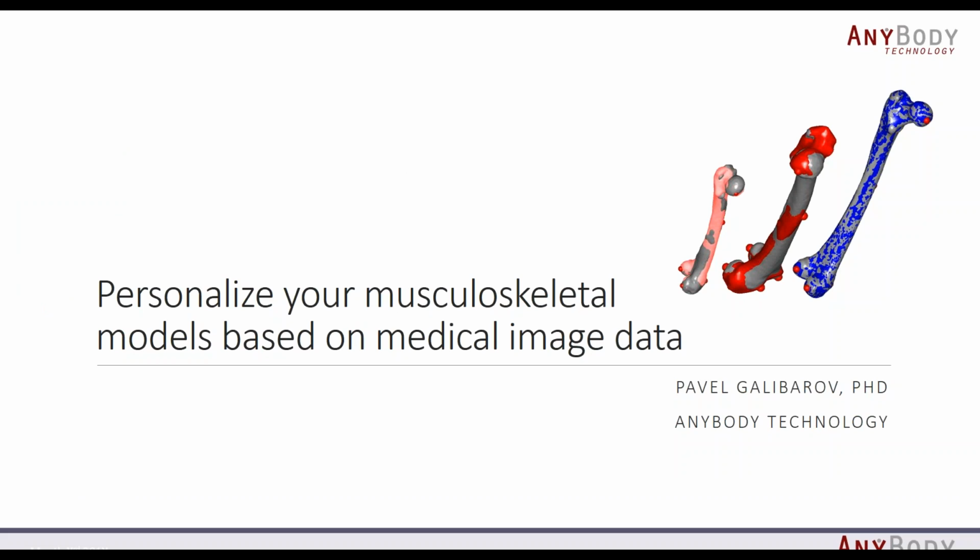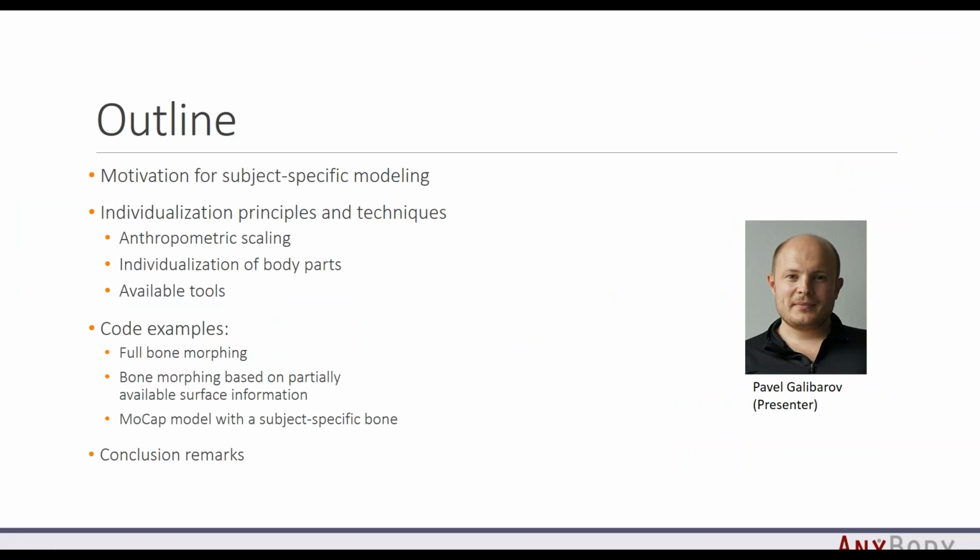Hello, everyone. So let's talk about personalization of musculoskeletal models based on the medical imaging data. First of all, I will shortly describe what I'm going to talk about today. The first point on my agenda is the motivation for subject-specific modeling, why we do that. Secondly, I'm going to cover individualization principles and techniques, and we'll talk about full body individualization and about partial individualization, so we can also individualize body parts.